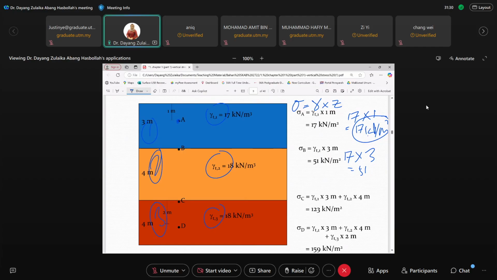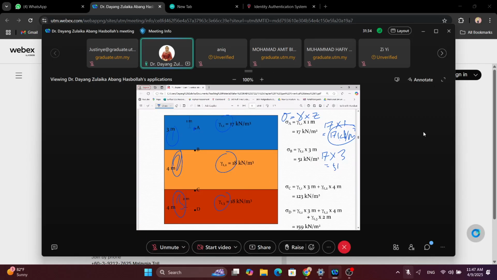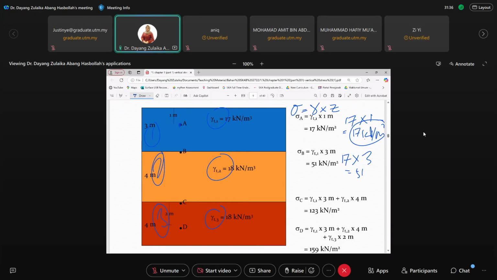Now let's take a look at point C. Bear in mind that this is accumulative stress. If you want to calculate by layer, you must add the first layer first. For point C, the thickness of this layer is 4 meters. So how do you do it?